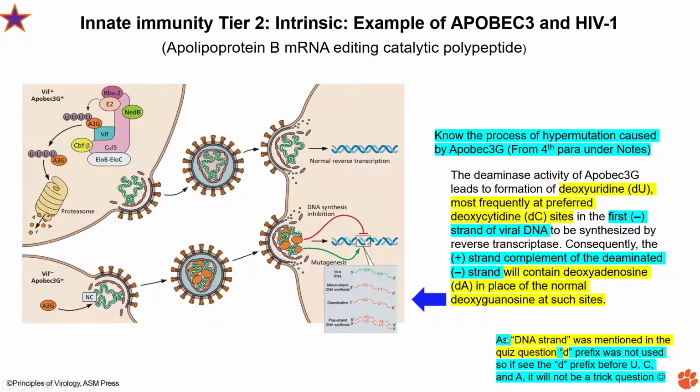And in the quiz question, as I said before, as the DNA strand was mentioned in the quiz, the D prefix, which is the dC or dA, was not there. We just use the U, C, A. If you do not have a D in front of the UCAG, don't worry about that. It will not be a trick question. It is not needed that it is deoxycytidine or deoxyadenine or deoxyuridine.